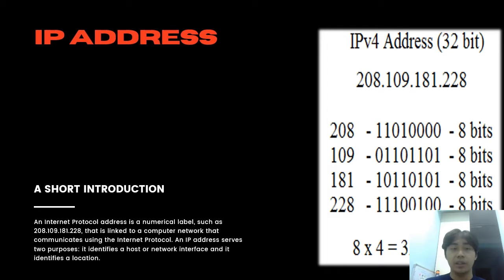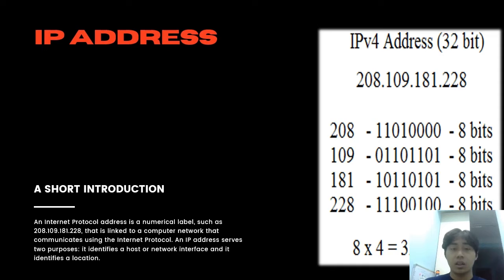Okay, what is an IP address? An internet protocol address is a numerical label such as 208.109.181.228 that is linked to a computer network that communicates using the internet protocol. An IP address serves two purposes, which are identifying the host or network interface, and identifying a location.